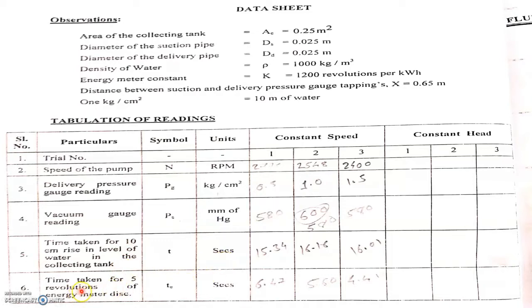We also need to note down the time taken for 5 revolutions of the energy meter disk. That also has to be noted down over here. So what we are doing in the constant head method: we need to put the delivery head as 0.5, 1 and 1.5 over here.